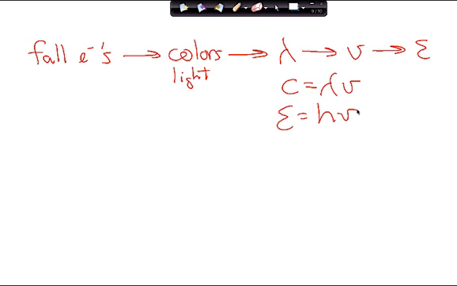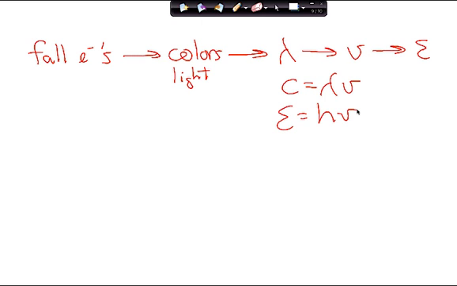And this is the trick behind spectra. Falling electrons release light. We can tell how far those electrons fell by the color of light. But color is a function of wavelength, which is also a function of frequency. And if we know the frequency, we can figure out the energy. You see those related concepts?